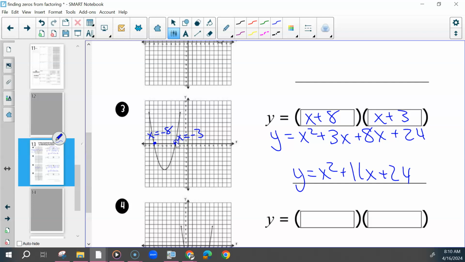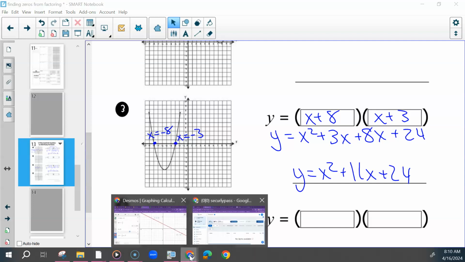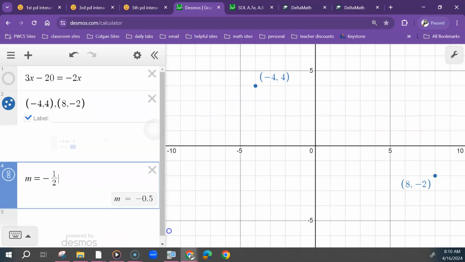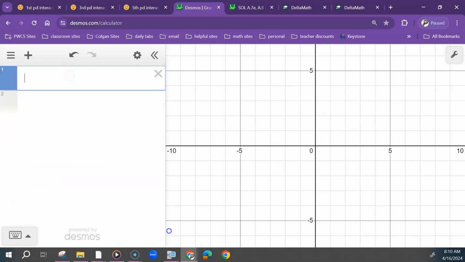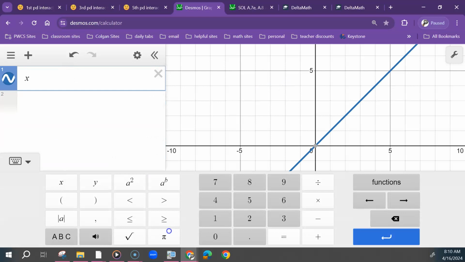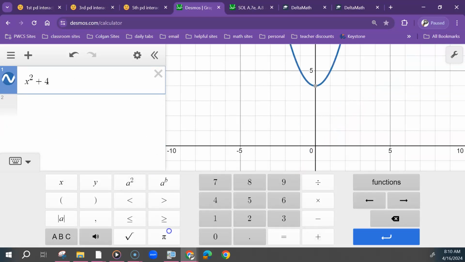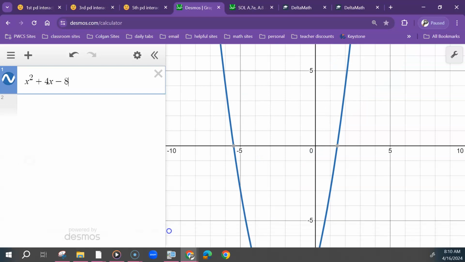Right. So I said I was going to show this in Desmos also, so I'll do that really quickly. If individually you need me to show you in the calculator, again, I can do that. I'm about to make up something. So whatever your quadratic is, if you look on the x-axis, it'll tell you what those solutions are.